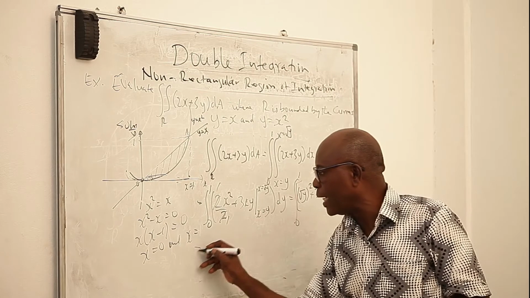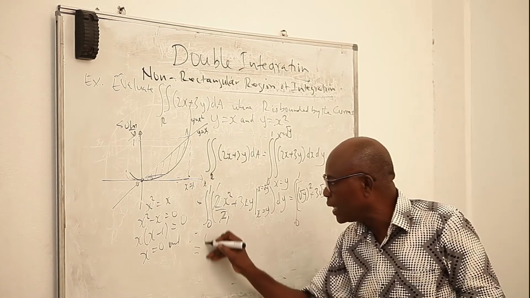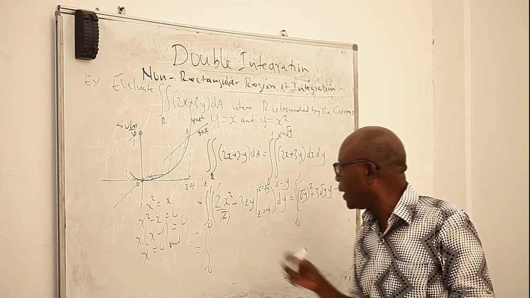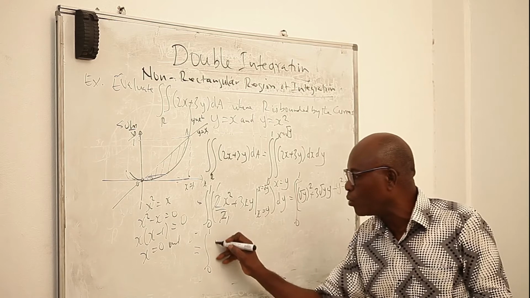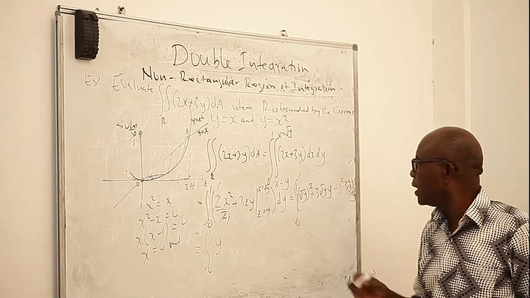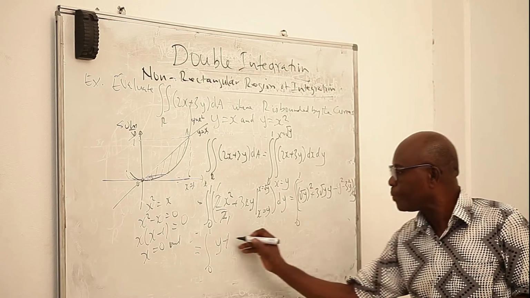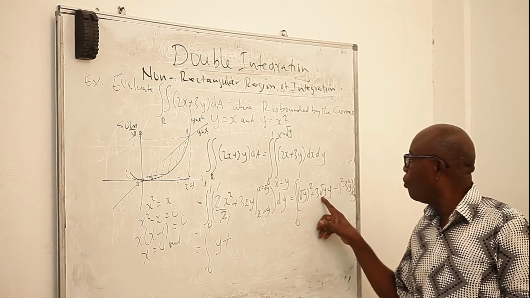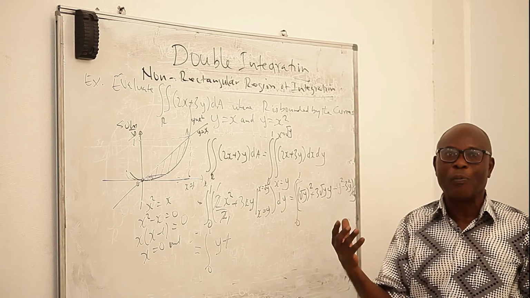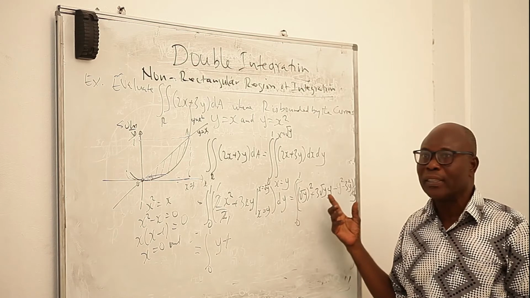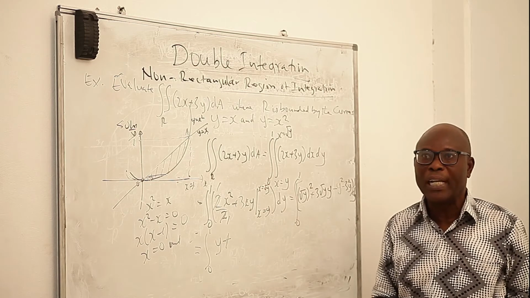So let's tidy up. When we tidy up, we're going to have the integral from 0 to 1, and then root of y squared will give us y, plus 3 times root y, which is the same as y raised to the power half, times y to the power 1. If you add half to 1, you get 3 over 2.